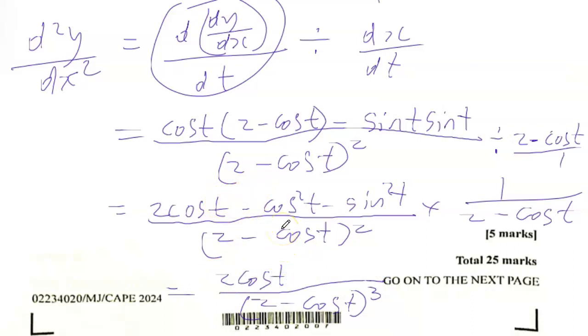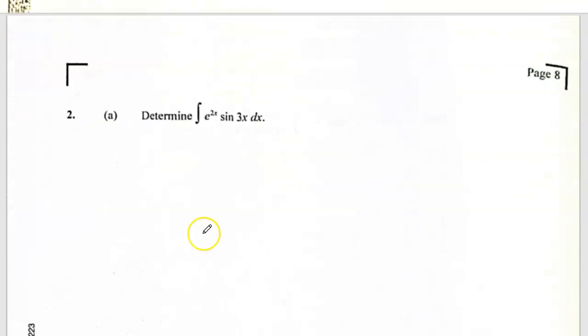Now, minus cos squared minus sine squared, we can factor out minus 1, and we end up with cos squared t plus sine squared t. And remember, cos squared t plus sine squared t is 1. So negative 1 times 1 is just 1. So the simplest is (2 cos t minus 1) over (2 minus cos t) all cubed. It's probably the best we can do with it. Let's move on.